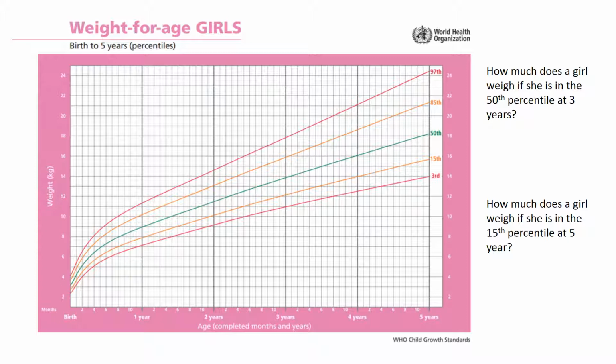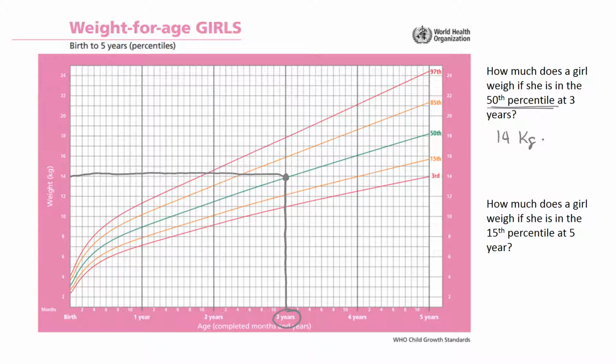How much does a girl weigh if she is in the 50th percentile at 3 years? 50th percentile means 50% of the girls are above the weight and 50% of the girls are below the weight. So at 3 years, I'm going to go up to the 50th percentile, which is the green curve, and then measure across, and that's 14 kilograms.